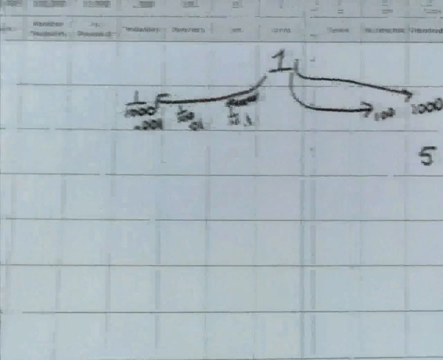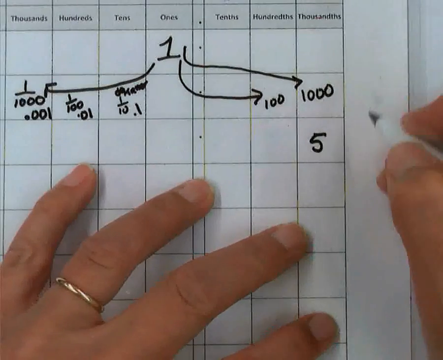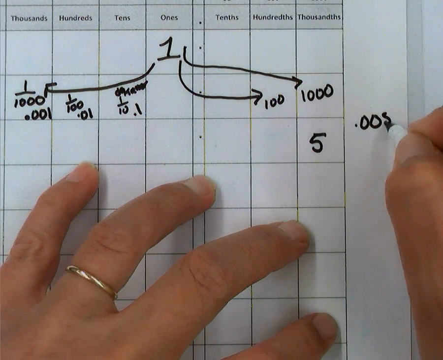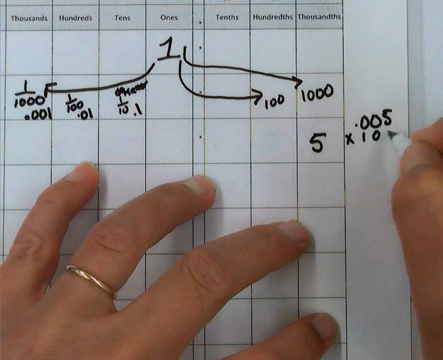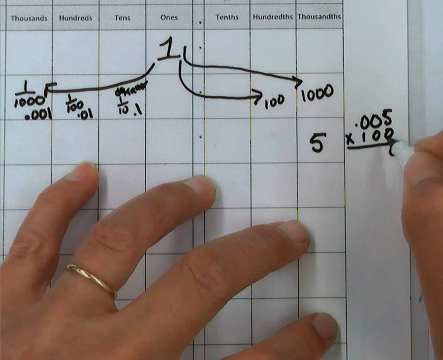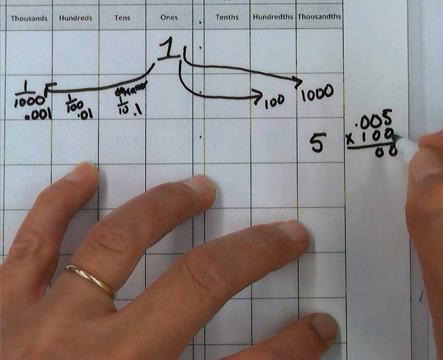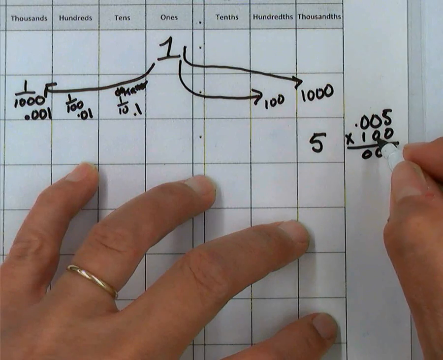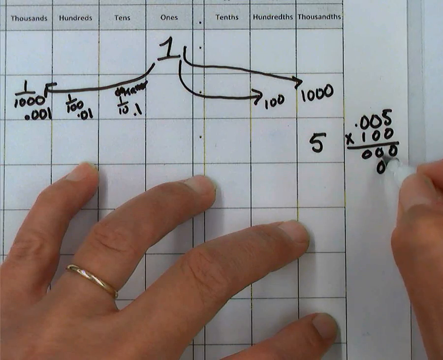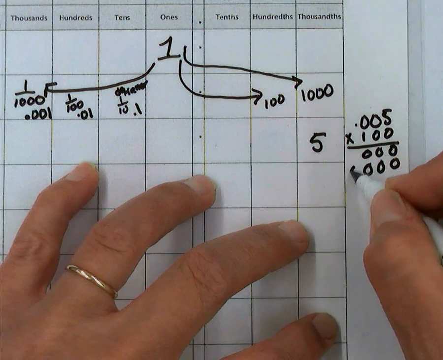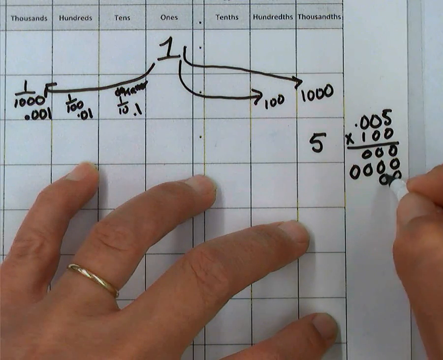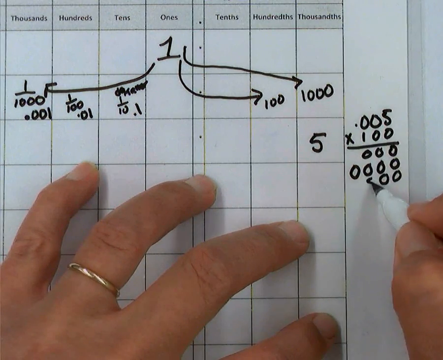Let's see what happens. If we multiply this one, so we have 5/1000ths, we're going to say times 100. We know we're going to have these zeros, right? 0 times 5, 0 times 0, 0 times 0. Now this is in the tens place, so here's the 0 for the tens place. 0 times 0 is 0. Now we go 100 times 5, so we have to put in our zeros from our 100. 1 times 5 is 5.